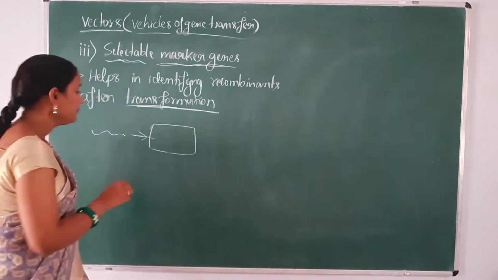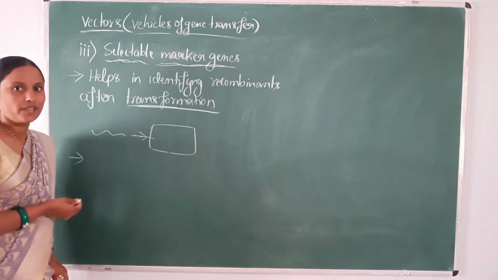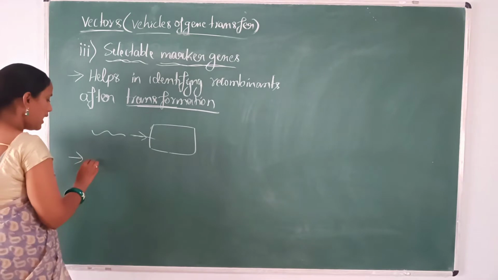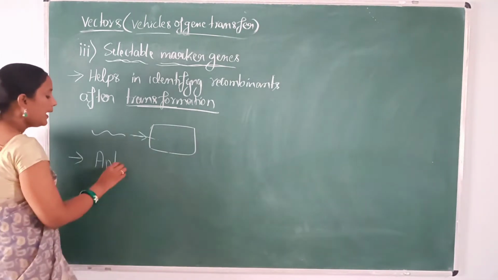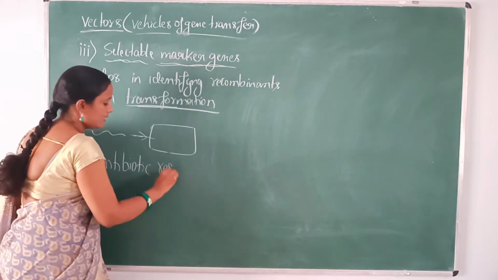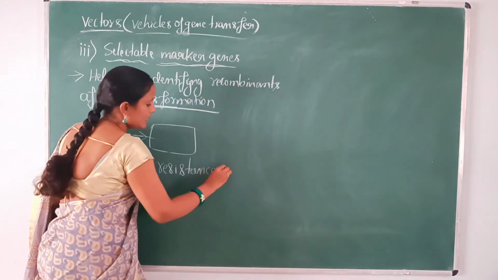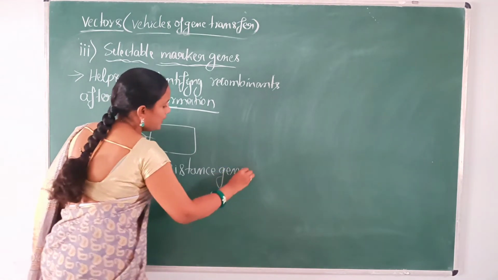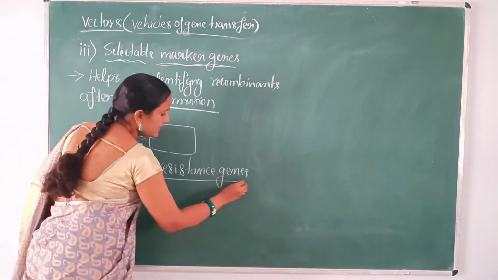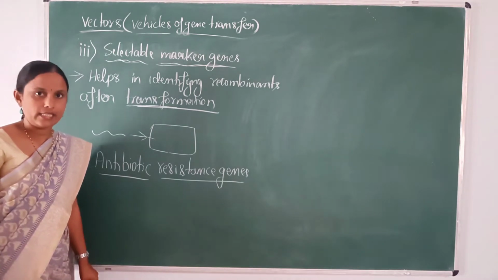So usually the selectable marker genes used in recombinant DNA technology are antibiotic resistance genes. Antibiotic resistance genes are commonly used as selectable marker genes.